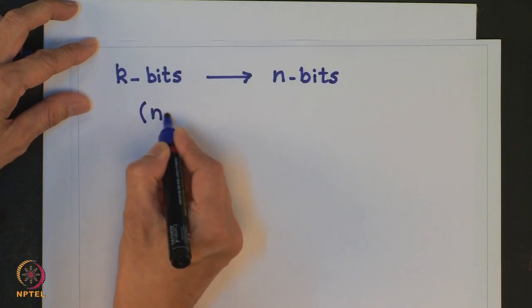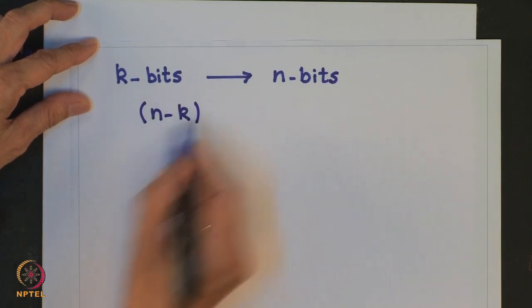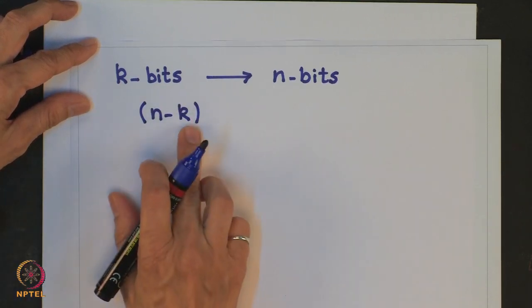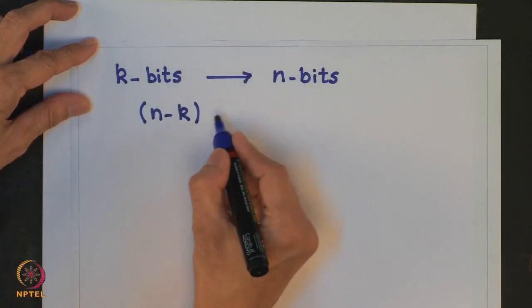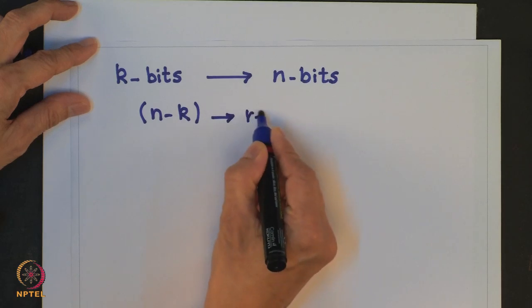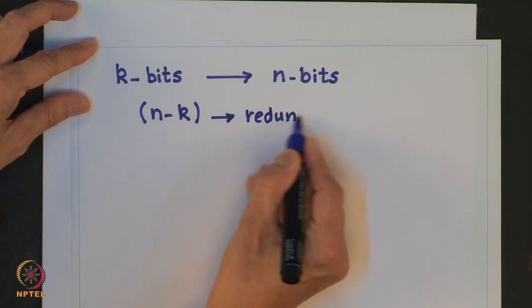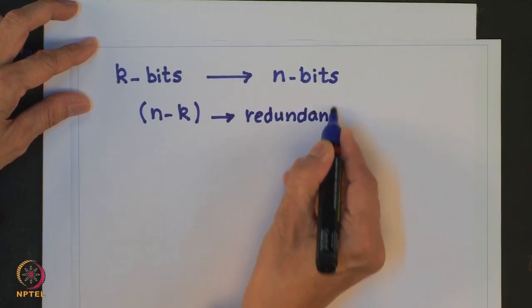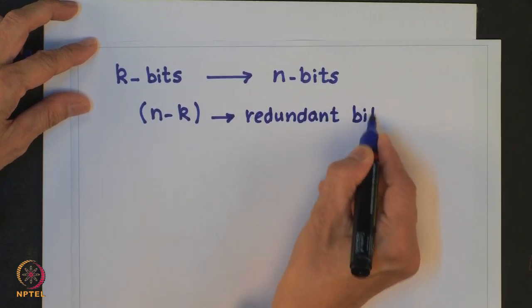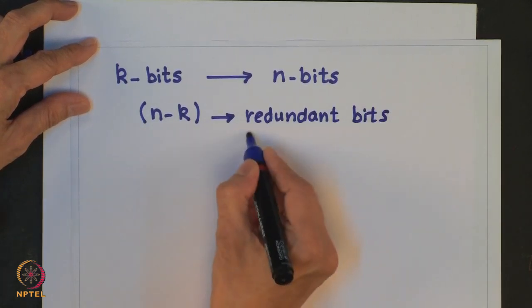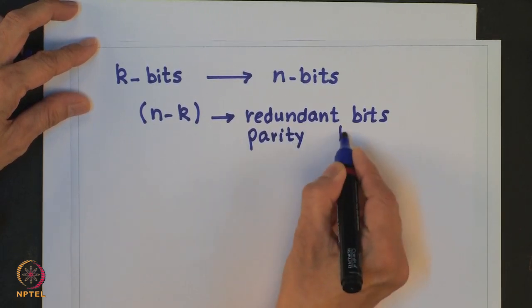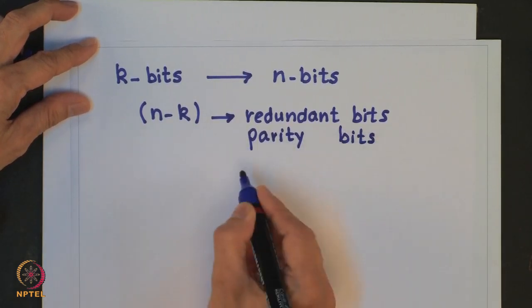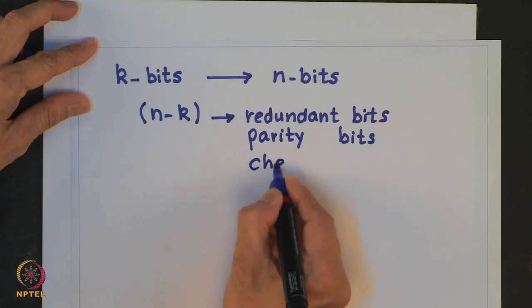Now, the n minus k bits which the encoder adds to each data block are called redundant bits. They are also known as parity bits or check bits.